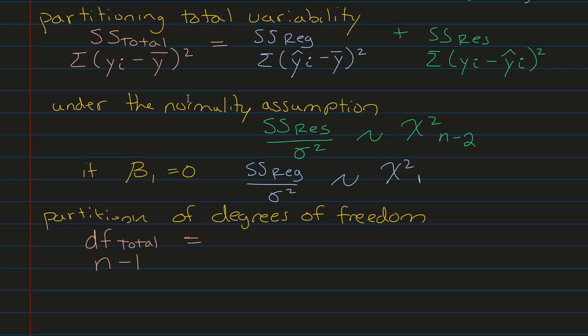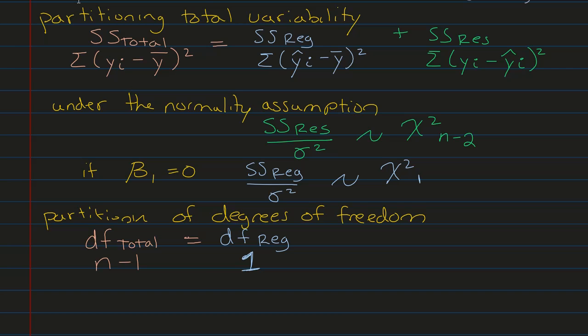This equals the degrees of freedom used for the regression, which in this scenario is just 1, because the one parameter we're talking about here is the slope beta 1.